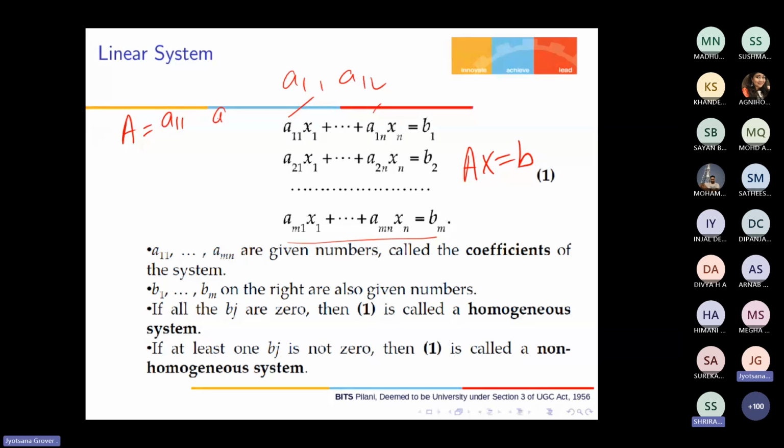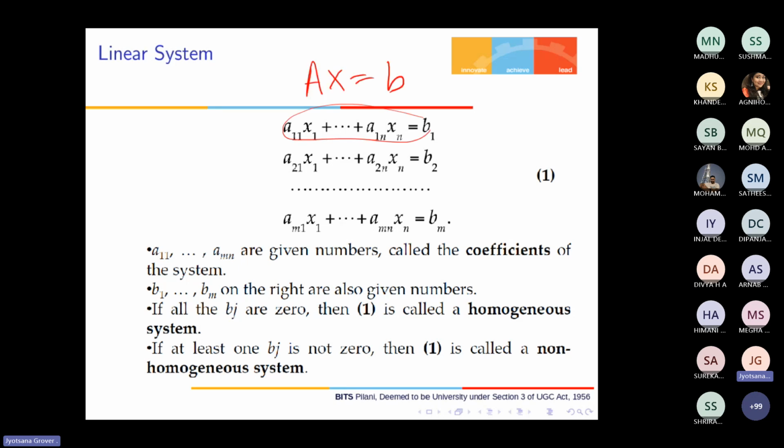But if x has n dimensions, it will be m1 x1 plus m2 x2 plus some intercept. So all these are representing equations of a line. Now, how this can be represented as AX equals B, that I'll tell you.